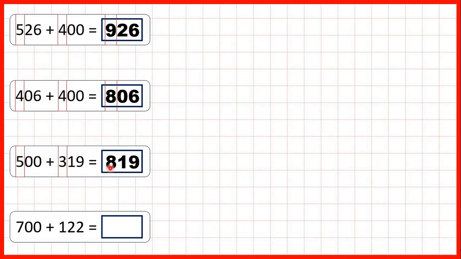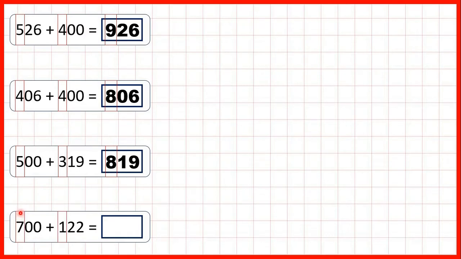So in our answer we have 800s, but this time it's the 1 and 9, so the tens and ones digit of our second number that stay the same, because we don't have any tens in our first number, so if we add 10, that's 10 in our answer, and we don't have any ones in our first number, so if we add 9 ones, then we have 9 ones in our answer. Now 700 plus 122.